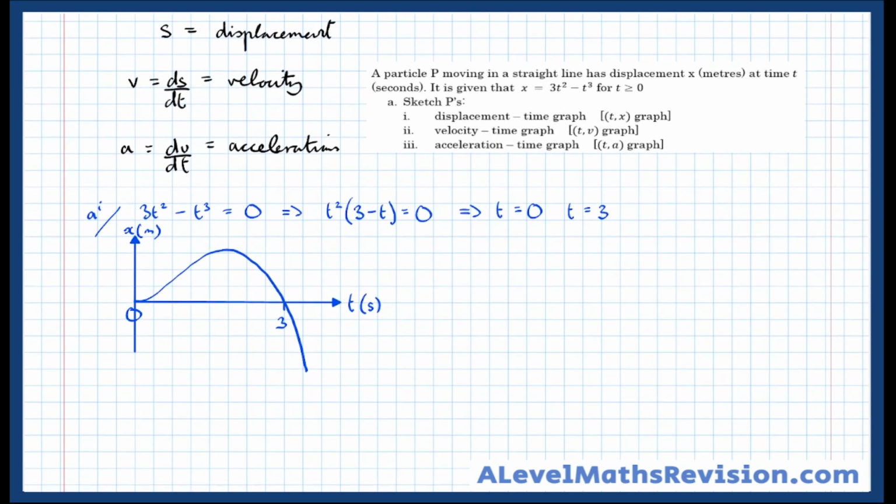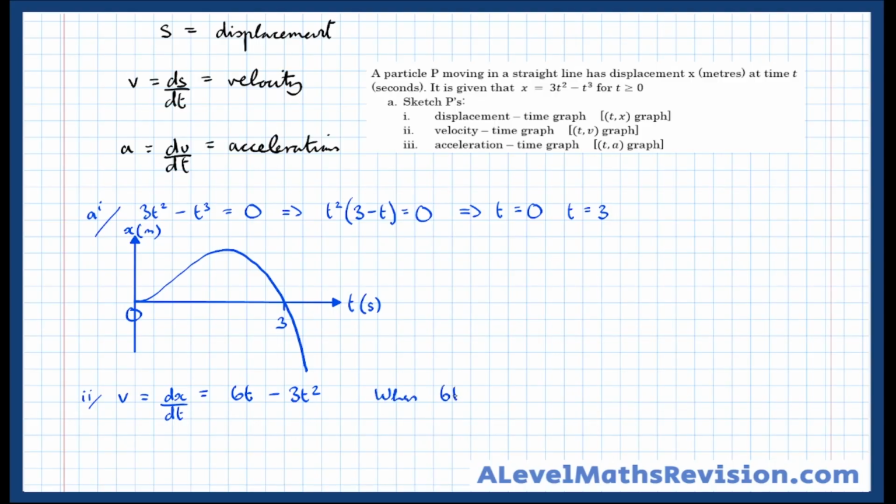Part 2 asks for the velocity-time graph. Well, we know if we differentiate displacement, then we get velocity. So v is the rate of change of displacement with respect to time, dx by dt. So we differentiate that, we end up with 6t minus 3t squared. Now to sketch that, it would help to find the roots.